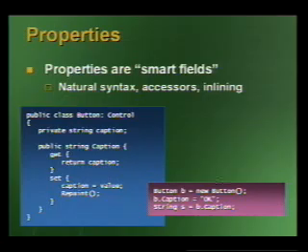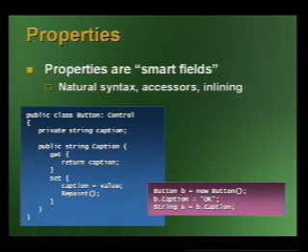Properties are like that, but they give you more control. They're still named entities, and they still have the notion of getting and setting the value, of reading and writing the value, but you get to write code that controls what happens when you do that.